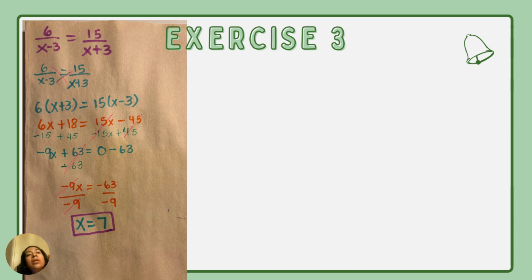So again equals, and then we do just cross multiply. We use the distributive property to find the value of x, and so we end up with x equals 7.